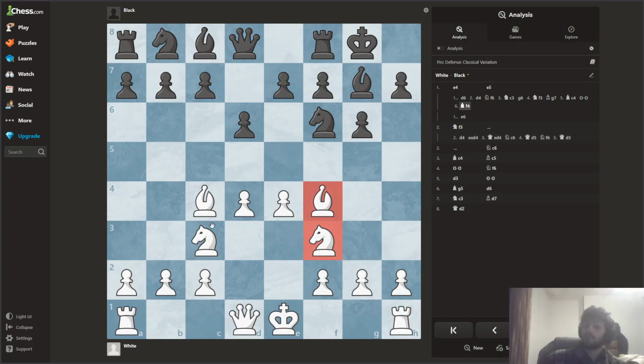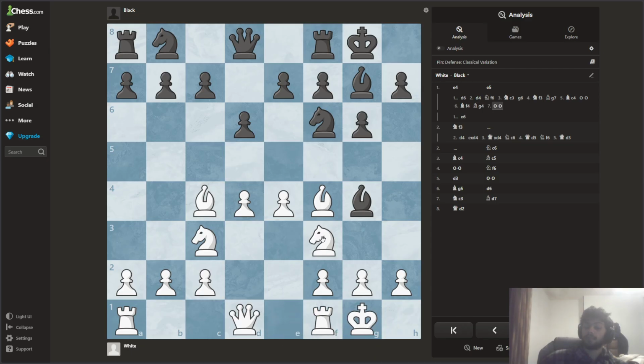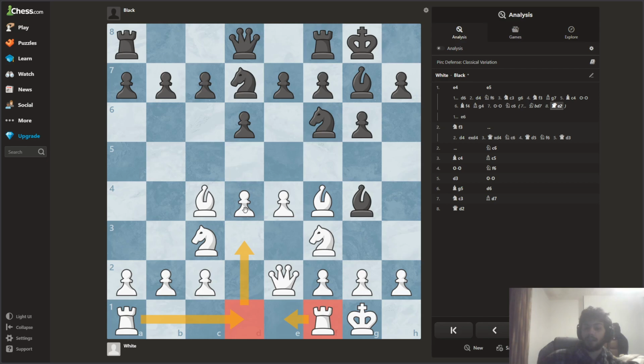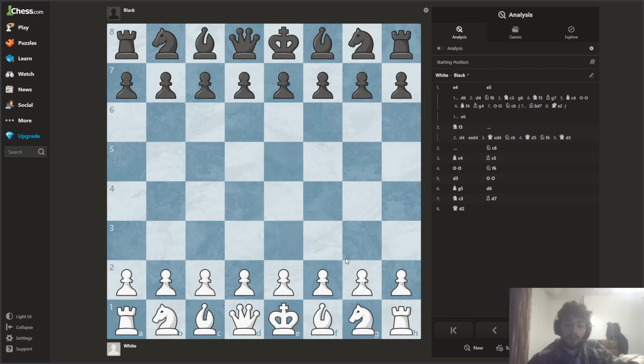Bishop f4 like this. Then you will castle and, excuse me, connect your rooks like this. This is your setup. That's basically chess in a nutshell.